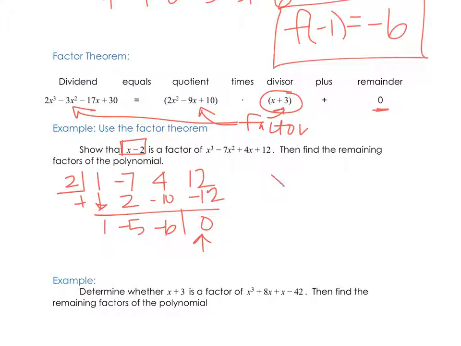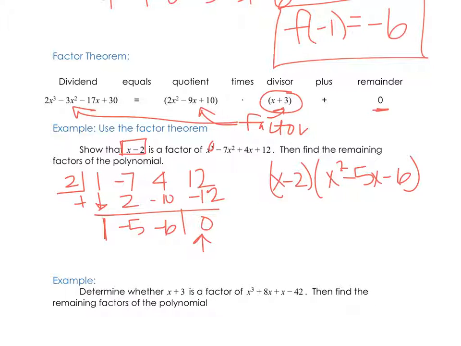Another factor is, remember, this gets written with one less exponent. So that would be 1 times x squared minus 5x minus 6. That is another factor.